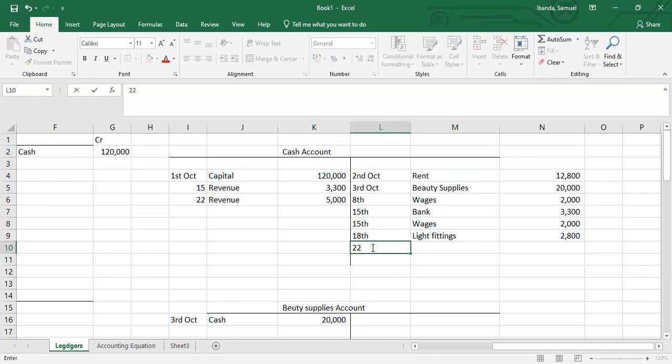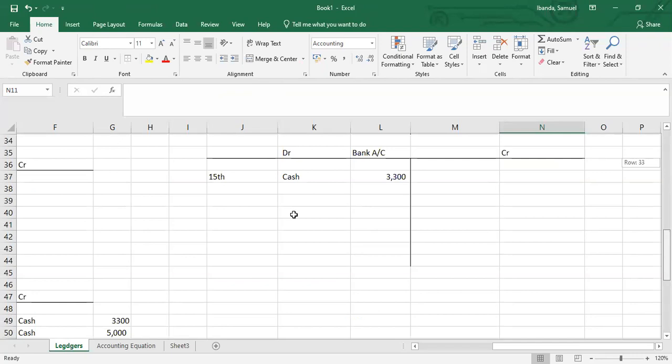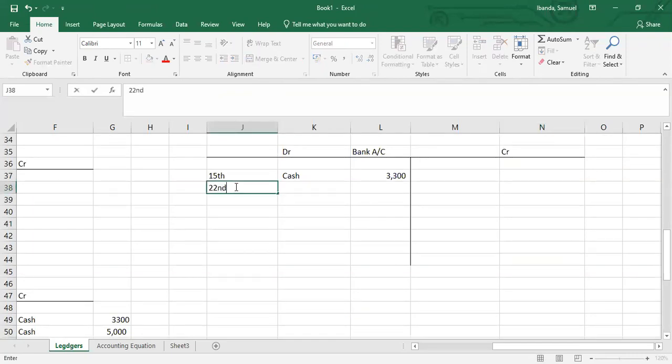Same date. I'm now banking it. I'll bring here bank. How much? 5K. Then I'll go to my bank account. Since I'm depositing now in the bank account, 22nd, bank. This will be cash, sorry. How much?